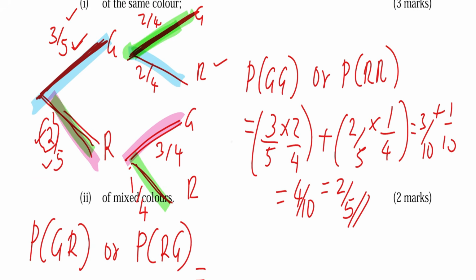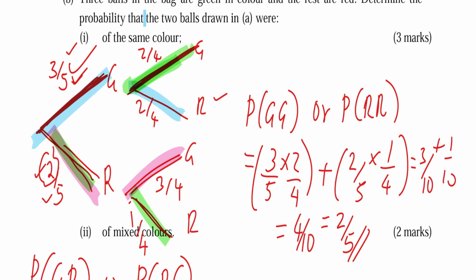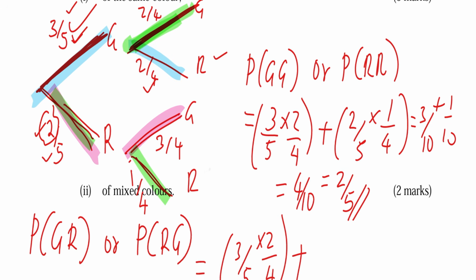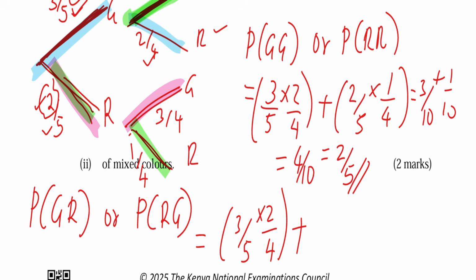So for the green and red it is 3/5 times 2/4. So 3/5 times 2/4 plus, for the red and green, 2/5 times 3/4.